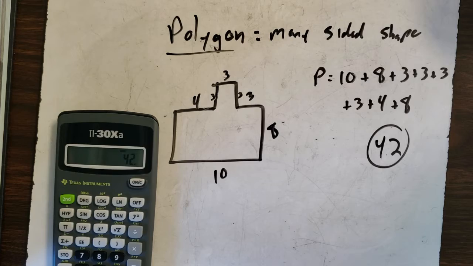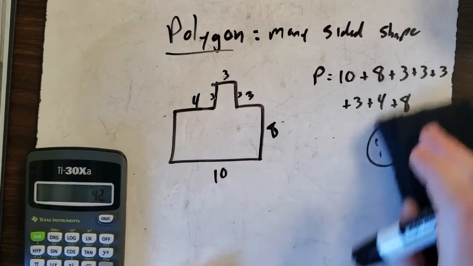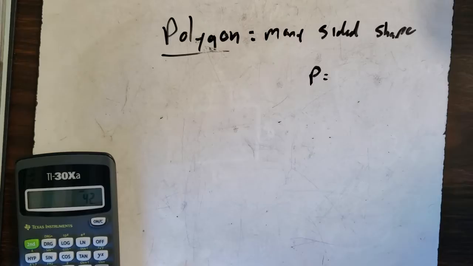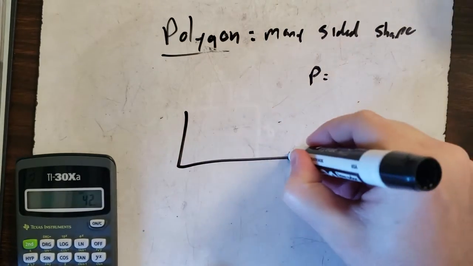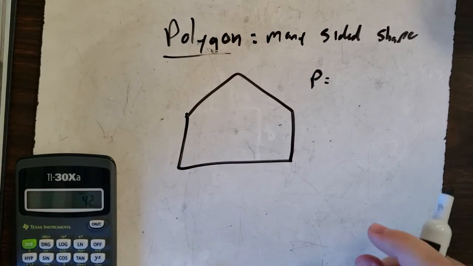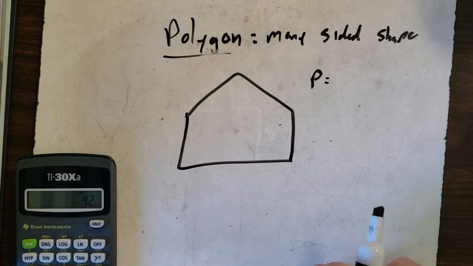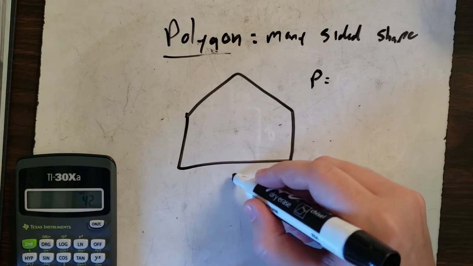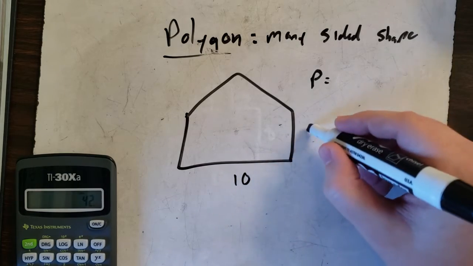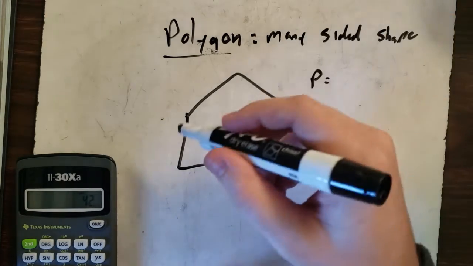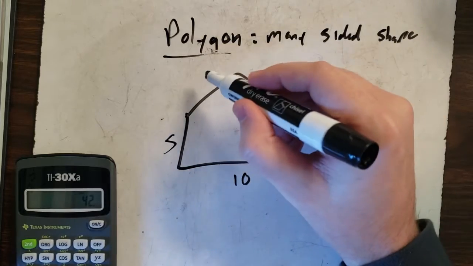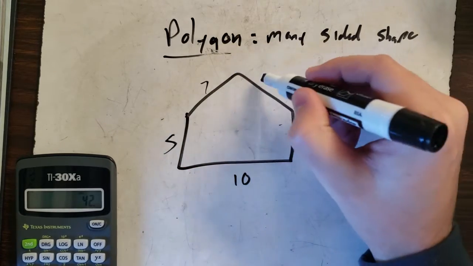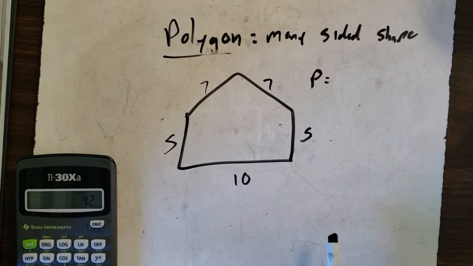And they can give you some crazy shape, and it can give you this. Let's say you do this, and that gives you 10, 5, 5, 7, and 7. Same thing.